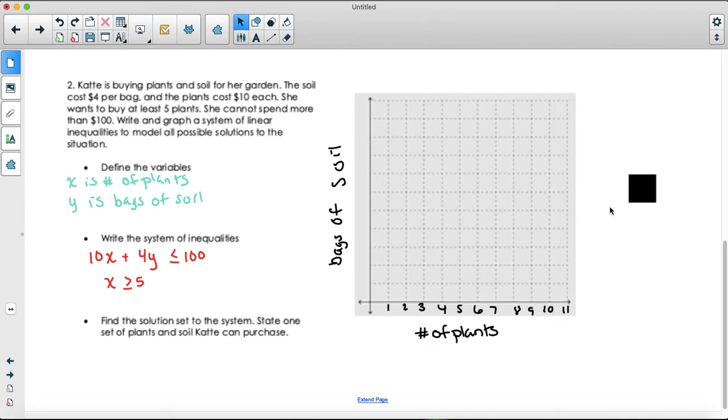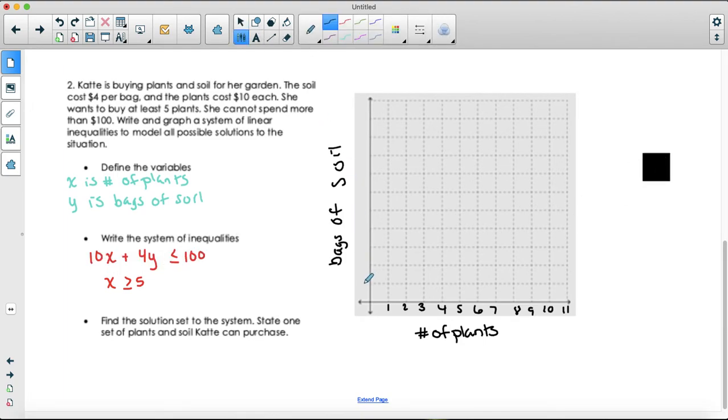So again, the way I did this was I covered up the y on my first inequality, and I solved for x. The highest value would be 10. And I knew that this one had to go up to 5, so my highest had to be 10, because I solved for x. I then cover up my x, and now I see only my y. I divide by 4. 100 divided by 4 is 25. So my highest y value must be 25.